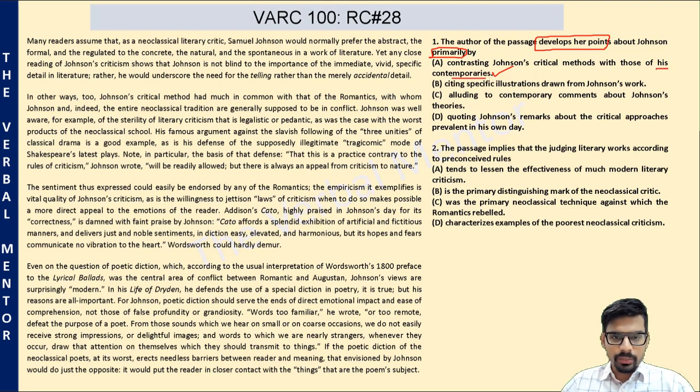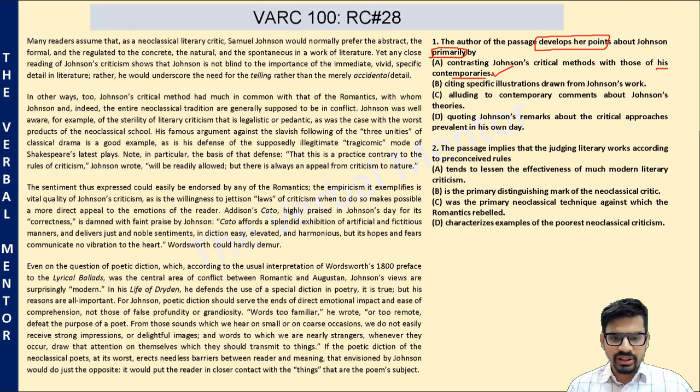But is it the primary structure of the passage? Well, maybe, maybe not, because if the author were to contrast Johnson's critical methods with the other contemporaries throughout the passage, you would see such a contrast structure. Johnson said this, but neoclassical critics said this. Throughout the passage, you would see such a structure.